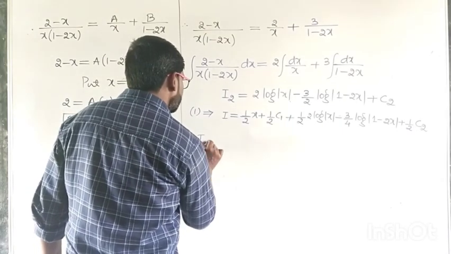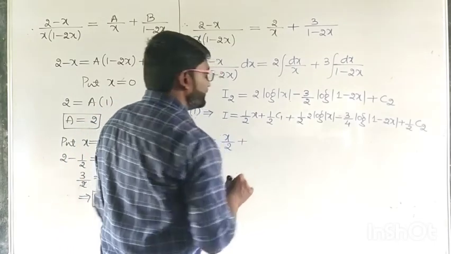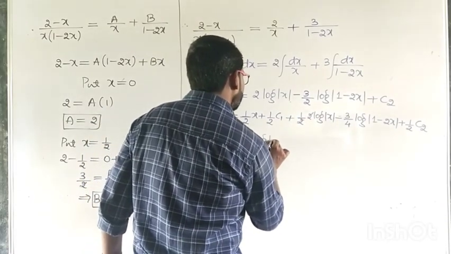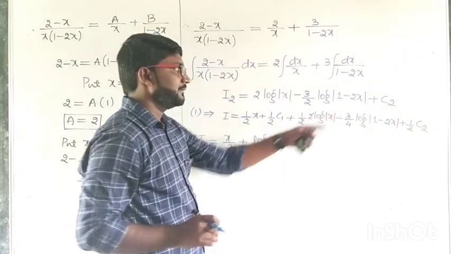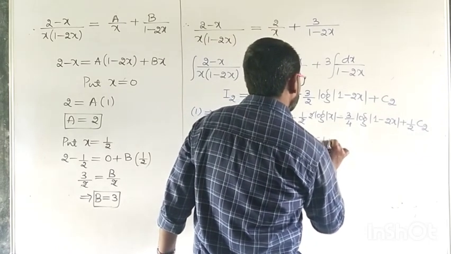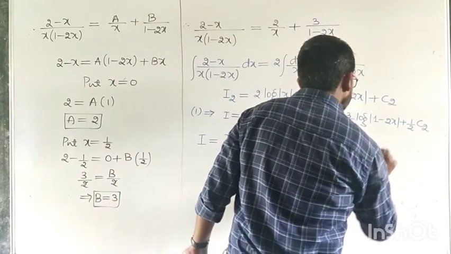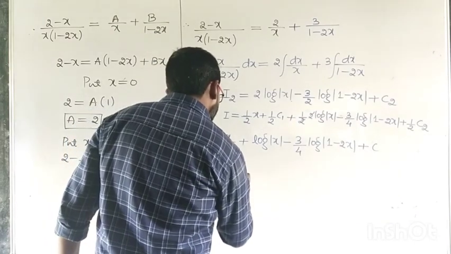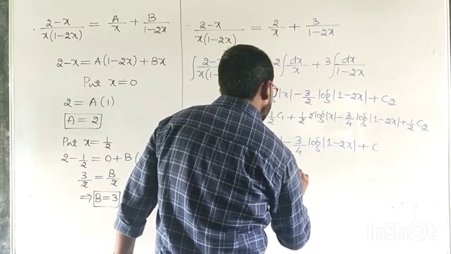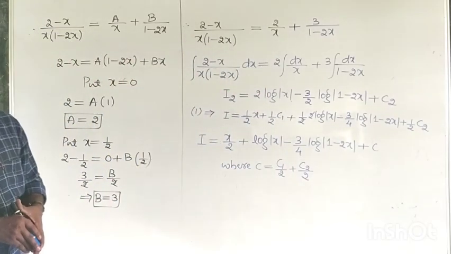I equals 1 by 2 into x, which is x by 2, plus, here 2 and 2 get cancelled, we have log mod x, and then minus 3 by 4 log mod (1 minus 2x) plus C, where C equals C1 by 2 plus C2 by 2. So this is all about this particular problem.